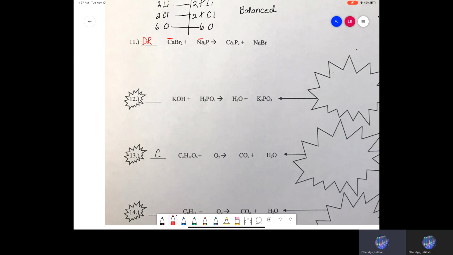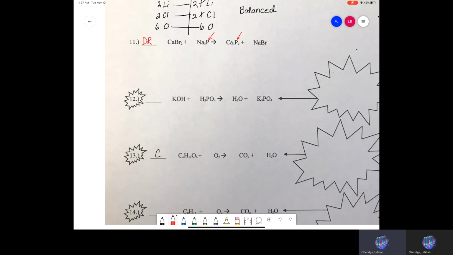Okay, so this one is pretty interesting. So what I'm going to do just by looking at this equation, the easiest thing to start with would probably be the phosphorus, right? So I have 2 phosphorus on one side here, and I have 1 phosphorus here.